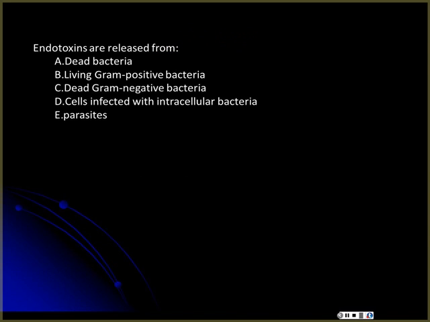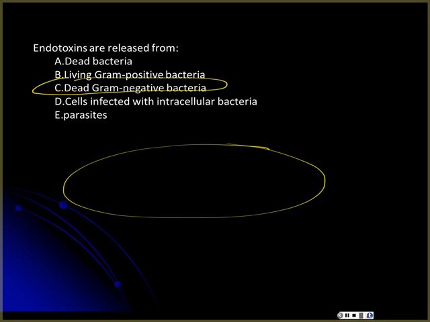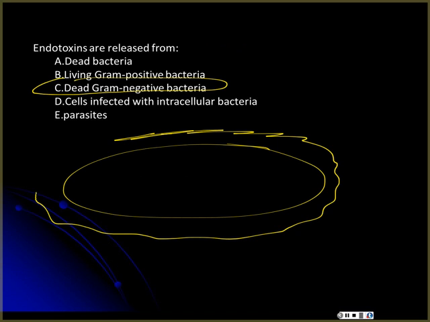Endotoxins are released from dead gram-negative bacteria. They're actually part of the bacteria themselves. They're up here in the outer membrane of gram-negative bacteria. So if your bacterial cell is alive, they're locked up in there.